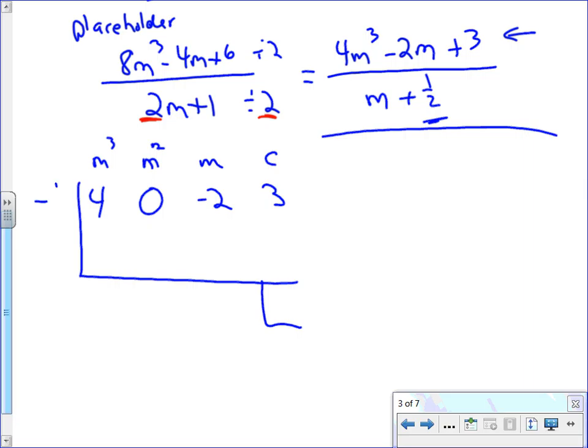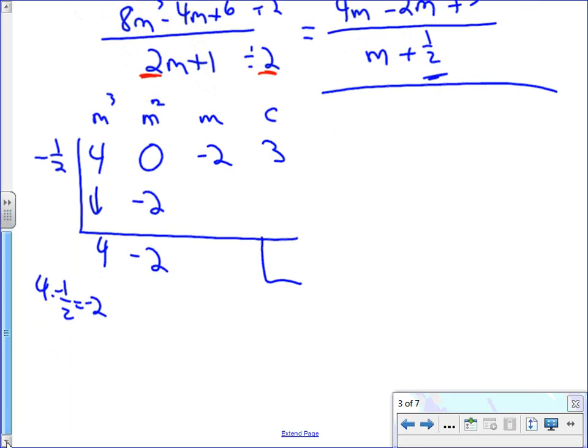On the outside, for my divisor, I'm going to use -1/2, and then I follow the steps, bring down the 4. 4 times -1/2, not hard. 4 times -1/2 is -2, goes right here. 0 plus -2 is -2. Then I say -2 times -1/2, again, not hard, +1, goes right here. Add -2 plus 1 is -1.